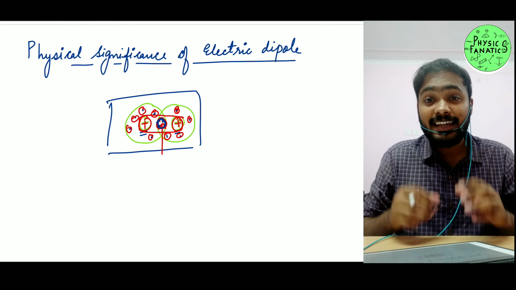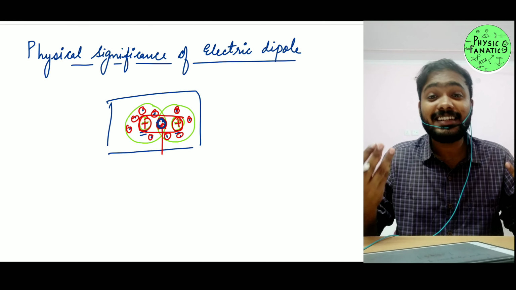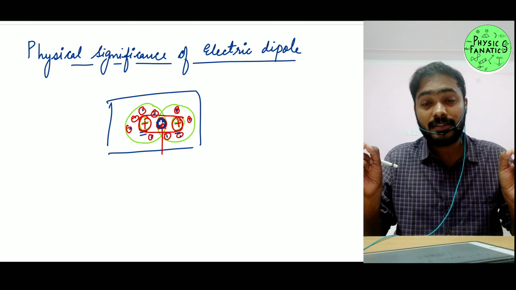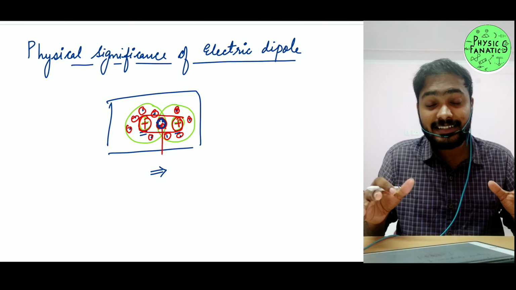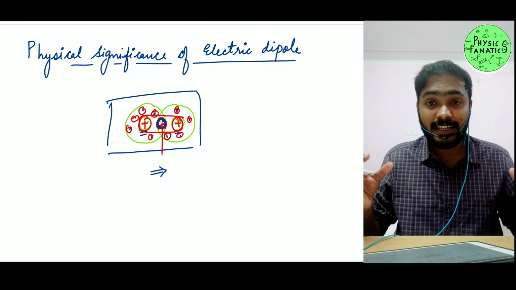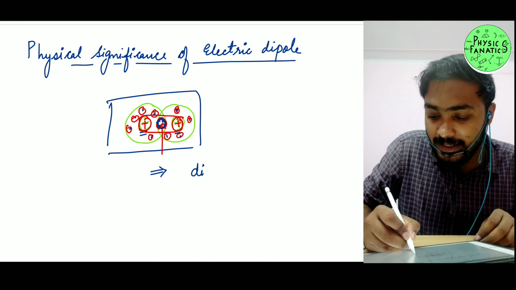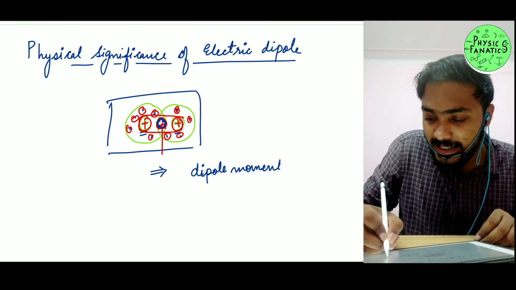It means it is just like a dipole. You can visualize it like a dipole: two opposite charges separated by some distance. The only difference here is that instead of having any distance, they are situated at the same place. That means distance is 0, and if the distance is 0, I can simply say dipole moment is actually 0.